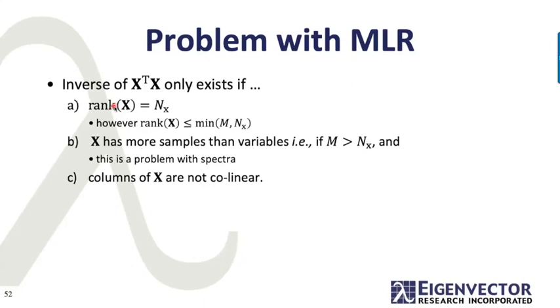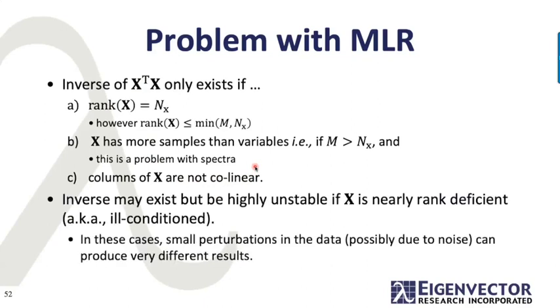That's a problem with spectra in general. It's also not going to work even if you have a small number of variables compared to the number of samples, if your columns of X are collinear. So that is if those are highly correlated or some are linear multiples of each other. So that makes it so you can't use multiple linear regression.